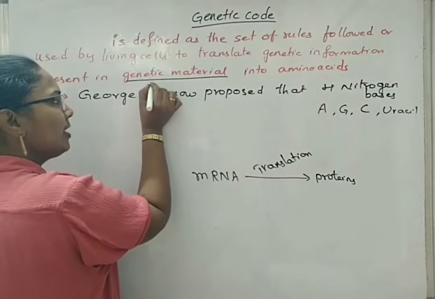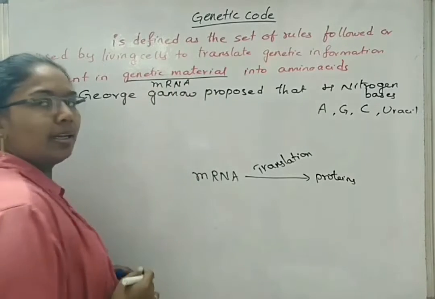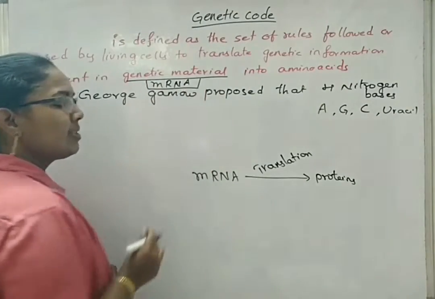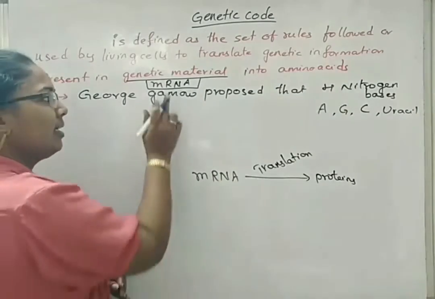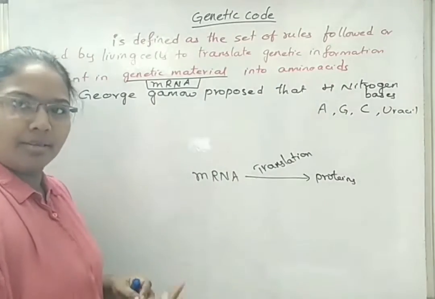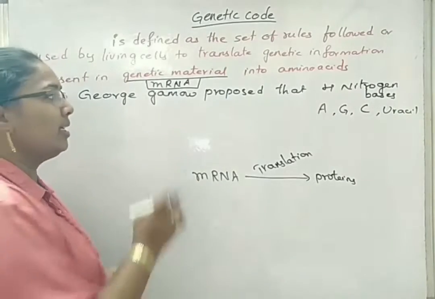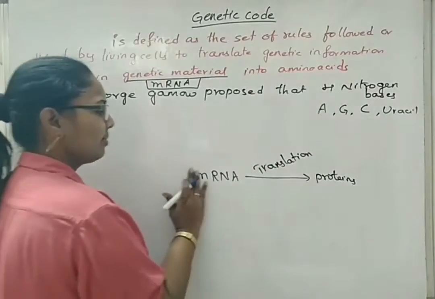But here, which genetic material does it have to be? It should be RNA. tRNA also has some information, but out of all the types of RNA, mRNA is considered the best genetic material.